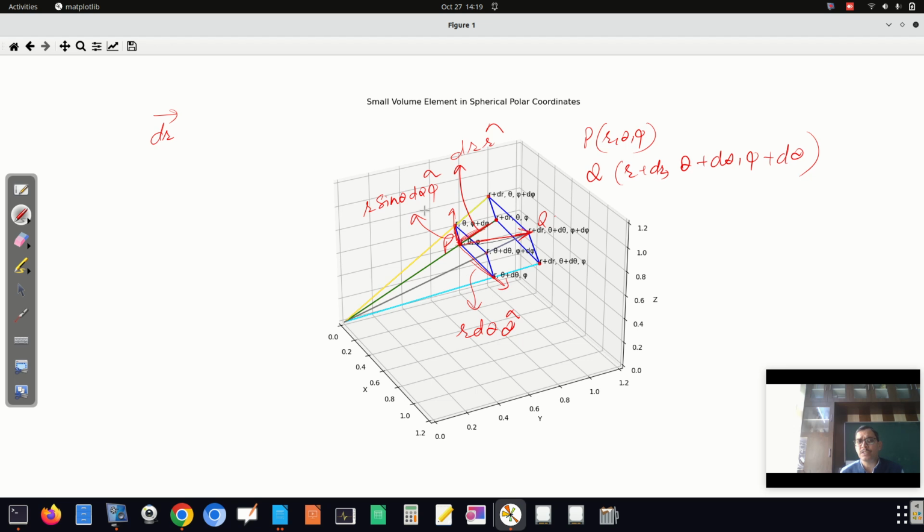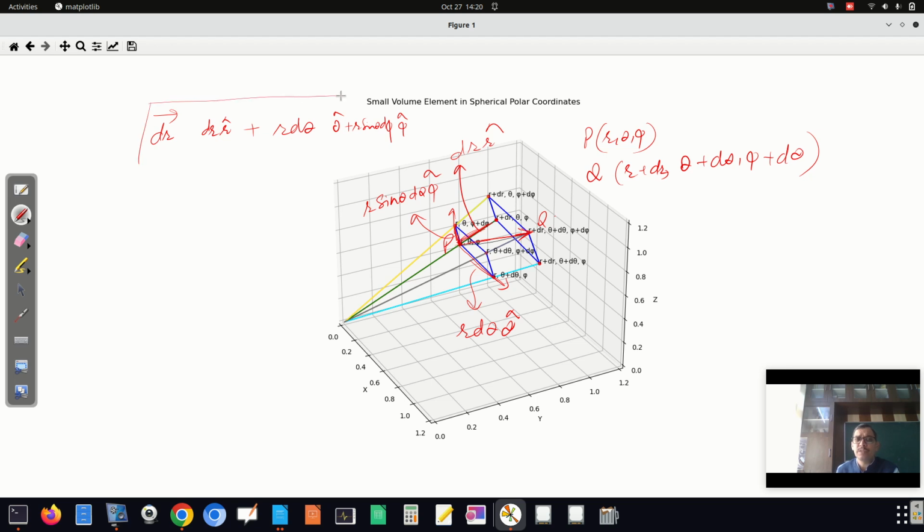So this consists of three unit vectors. One unit vector is along r cap, another is along theta cap, and another is along phi cap. So it is basically dr r cap plus r d theta theta cap, and r sine theta d phi phi cap.